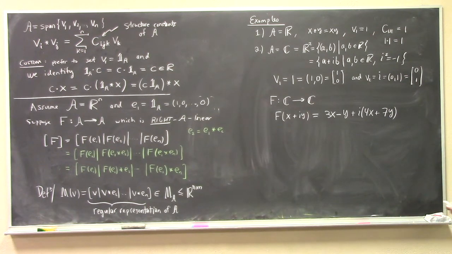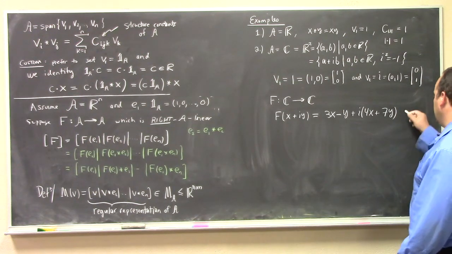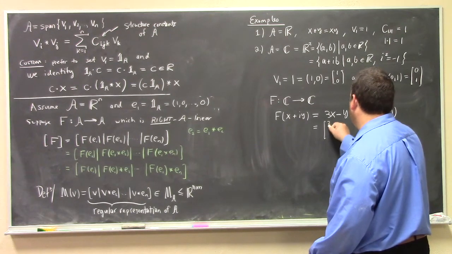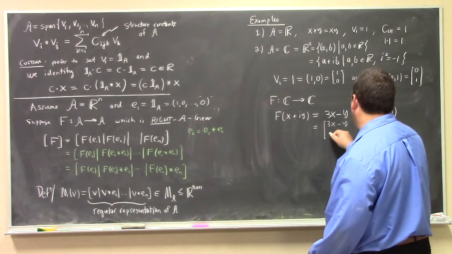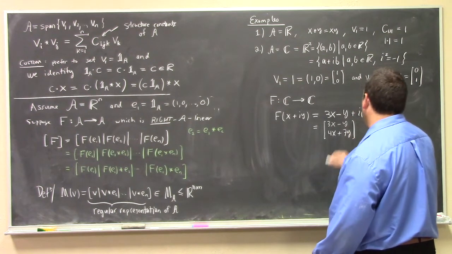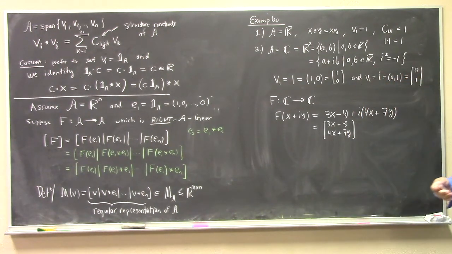You can verify that that is in fact a linear map by any variety of arguments, but one of the simplest and laziest ways to do that is just to rewrite it in column notation. Remember, 1 is the vector (1, 0) here, but i is the vector (0, 1) here.